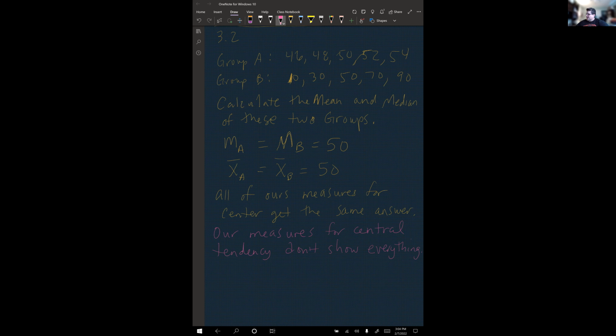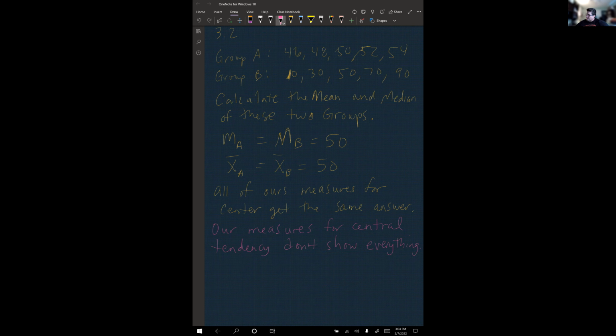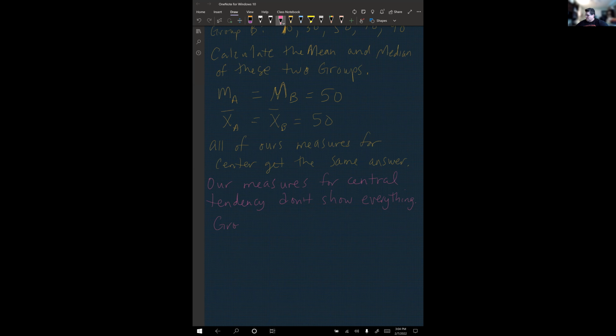Group A is all bunched up. It's a close group, close in value. While in B, the values are far apart.